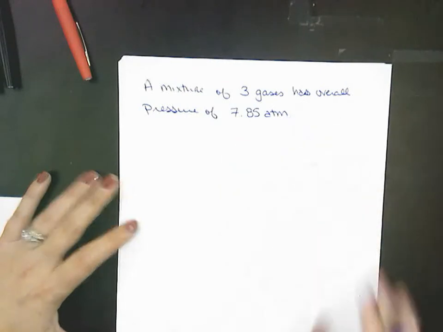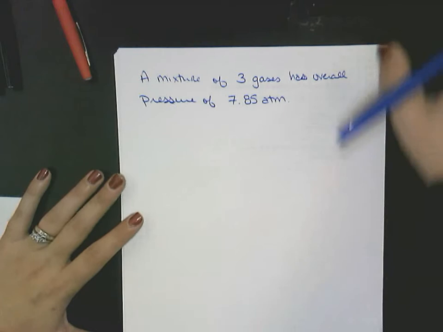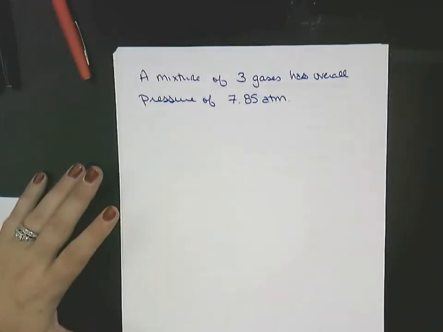All right, so a mixture of 3 gases has an overall pressure of 7.85 atmospheres. Oh, I messed it up. There we go.